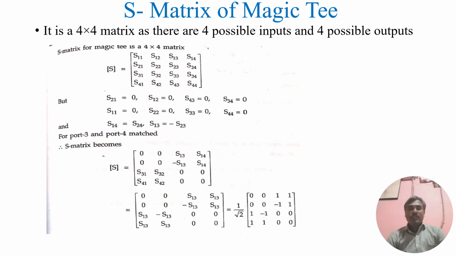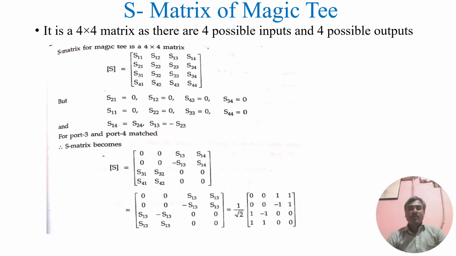Similarly, port 3 and port 4 are highly isolated ports. That means there is no coupling between port 3 and port 4. So we can write S34 equal to S43 equal to 0. Then by substituting these values in the initial scattering matrix, we can get the coefficients of the scattering matrix of magic T.